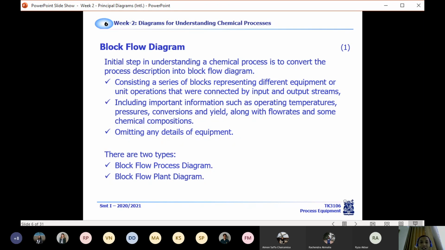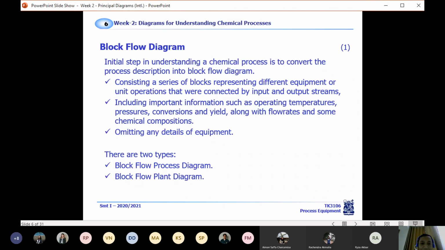We don't know about that in the BFD, so the technical information is very limited there. But we know the macro, the general configuration of the plant. Actually, the basic sequence of the plant will be separation, reaction, separation, and then product, something like that.